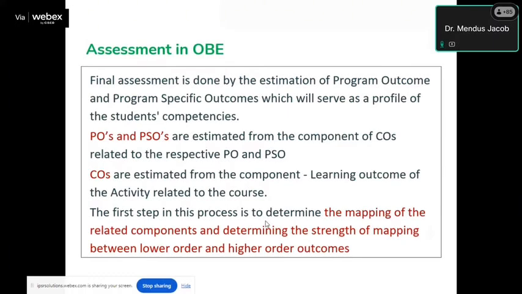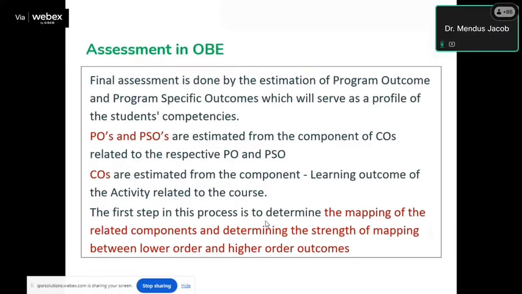For example, every CO will be mapped with different POs and different PSOs. So once we calculate the COs, automatically we can calculate the attainment of POs and PSOs, because that mapping is already done.